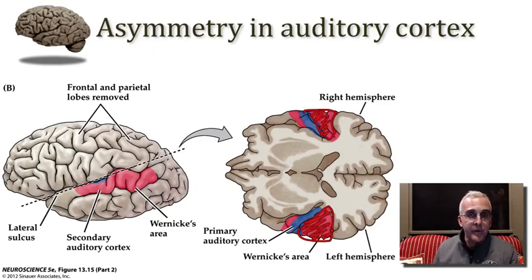And at least a cohort of individuals with this special talent ended up having a larger asymmetry in their planum temporale region compared to skilled musicians that lack this ability. So there's something about the asymmetry between the auditory regions in the two hemispheres that gives rise to this special talent. And it will be interesting to see if other dimensions of music perception, or perhaps even music performance, might also be related to asymmetries in these parts of the brain.